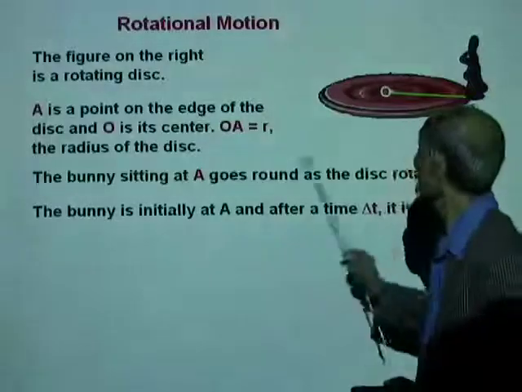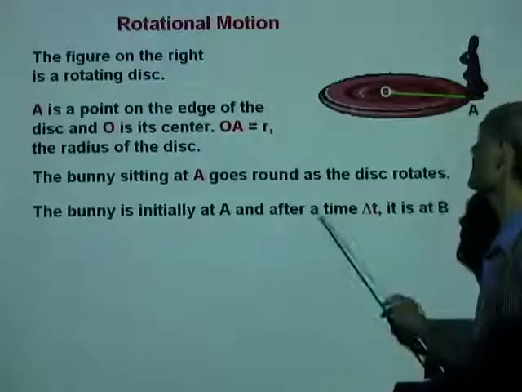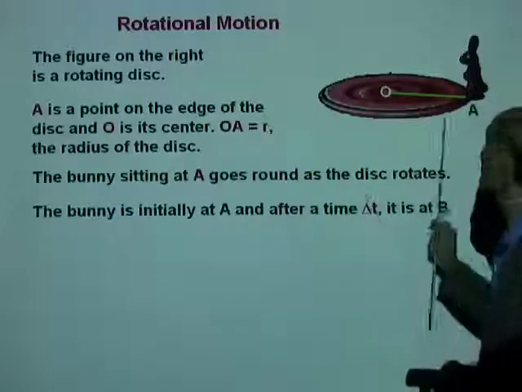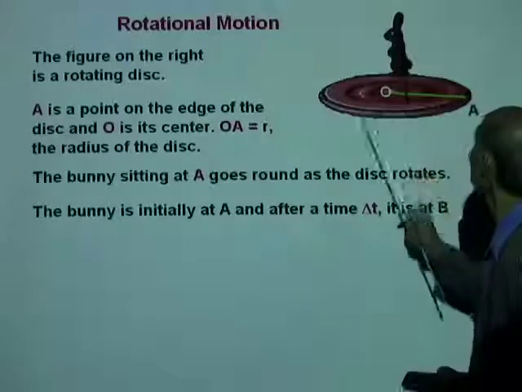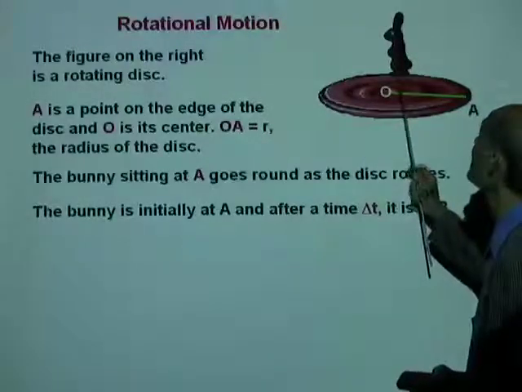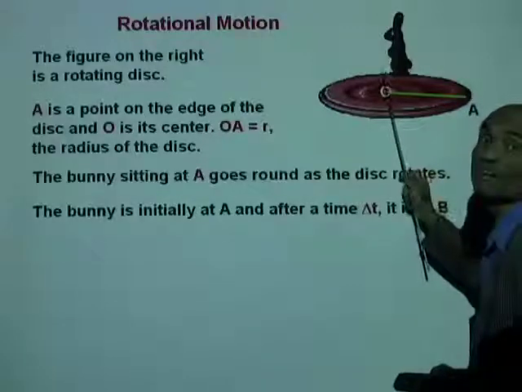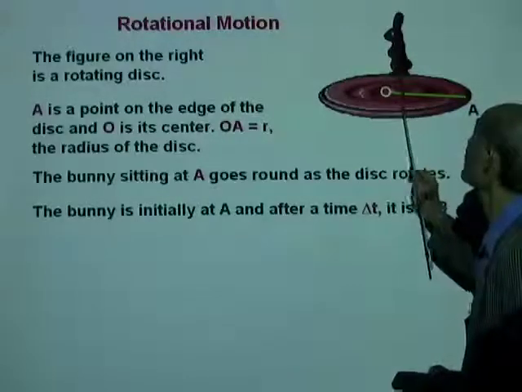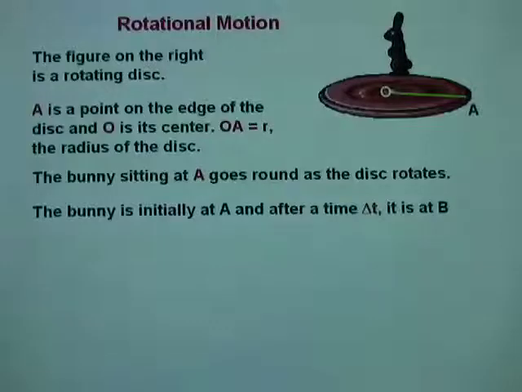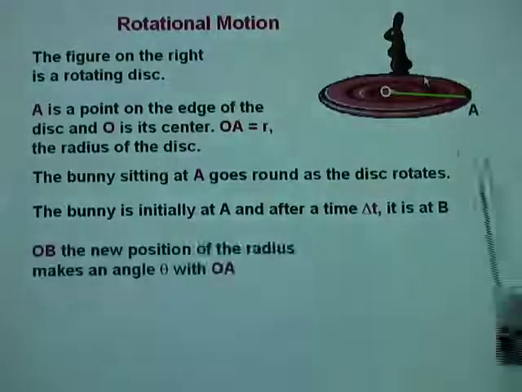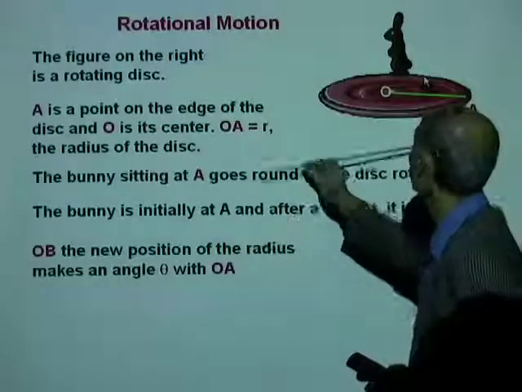The bunny is initially at point A, and after a time delta t, it will be at point B. That is my point B. Now, in doing so, what happened to the radius?